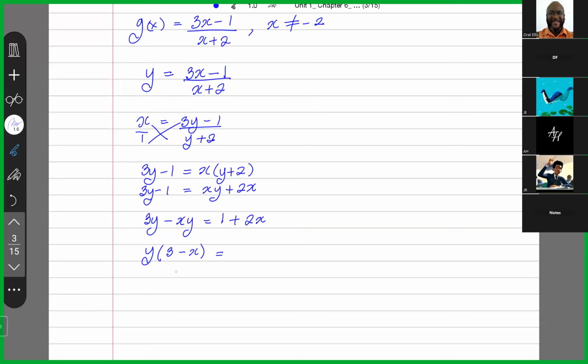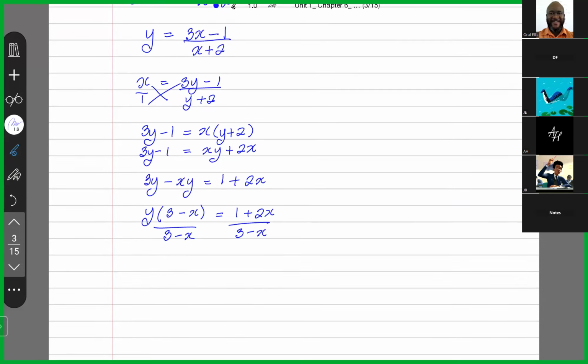Y into 3y is 3. Y into xy is x. Lastly, I'm going to divide both sides by 3 minus x. And so I'm going to end up with y is equal to 1 plus 2x over 3 minus x.